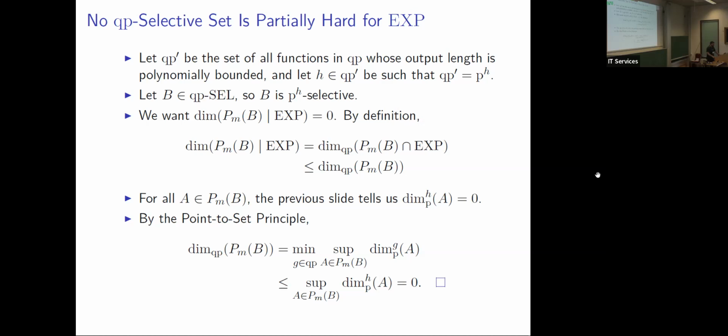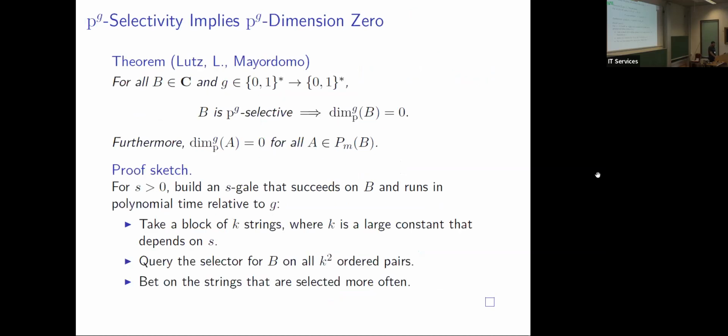And we know that for all A in Pm of B, the previous slide tells us that the P dimension of A relative to H is 0, right? Because we said that if A was reducible to B, B was PH in this case selective, then the P dimension of A relative to H was 0.